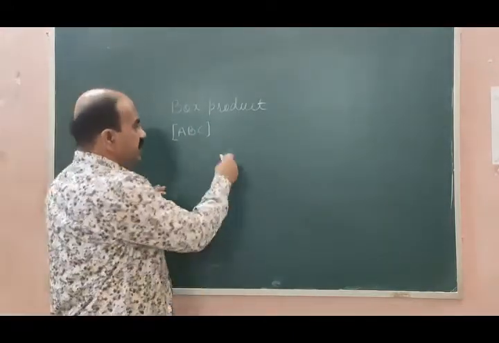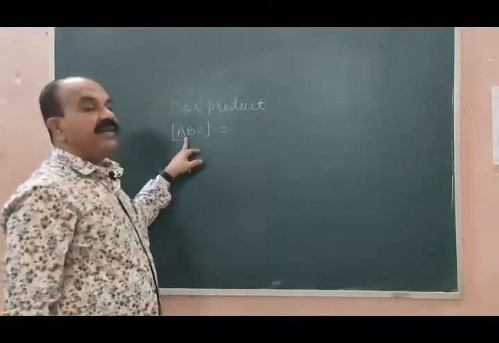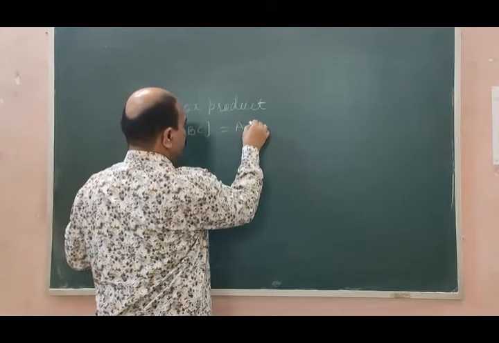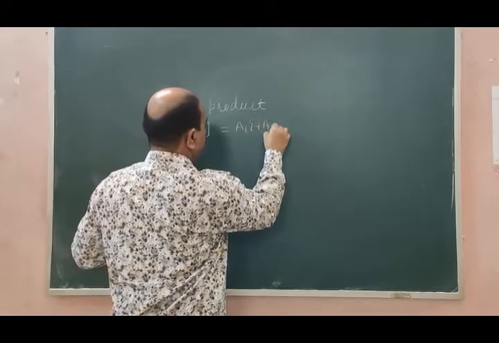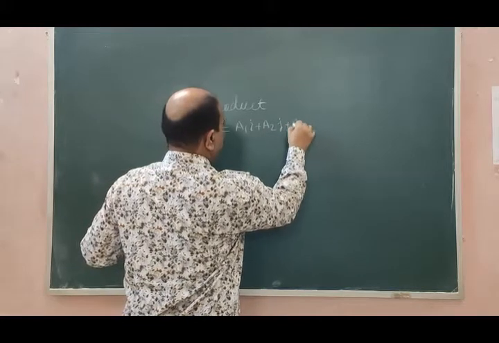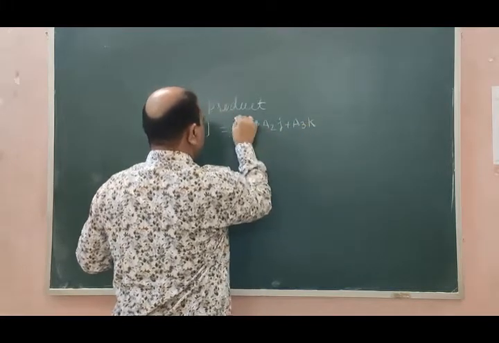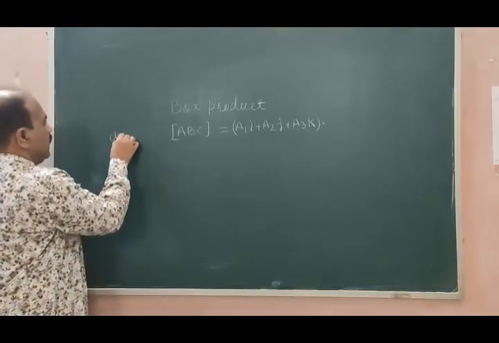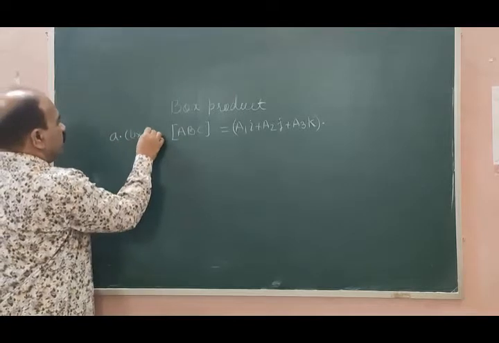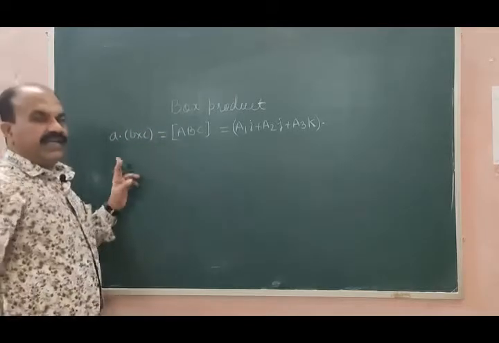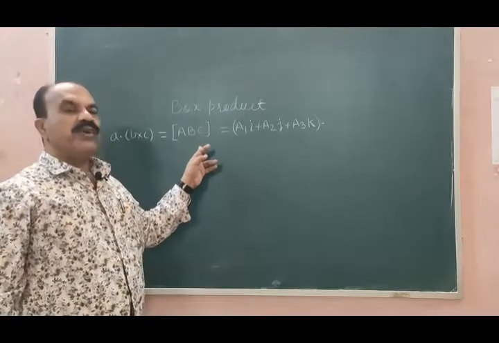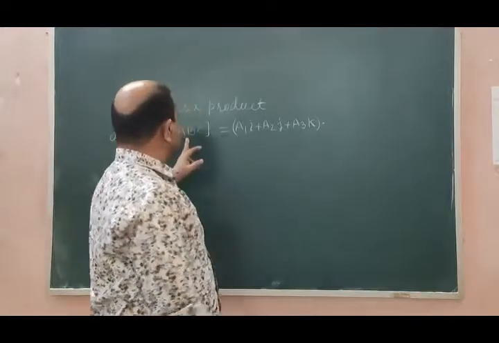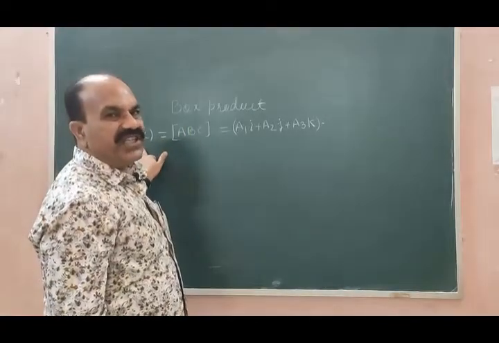This box product is also written as, A can be written in terms of its components, dot. This is what? A dot B cross C. A dot B cross C is box product ABC. You know how to write box product using the determinant.